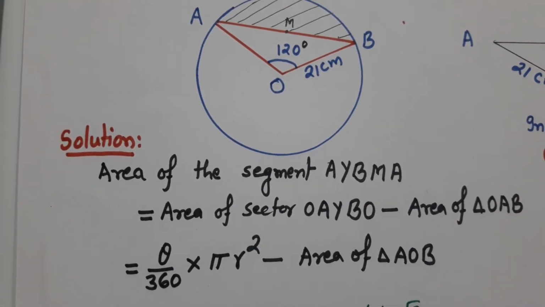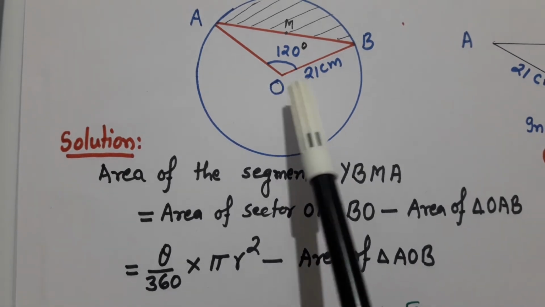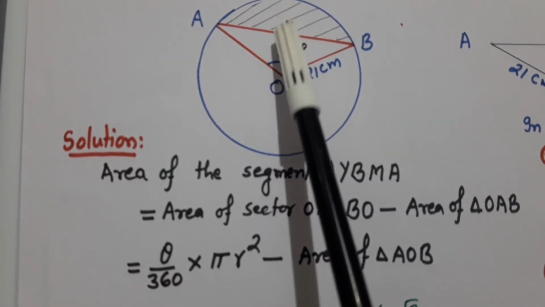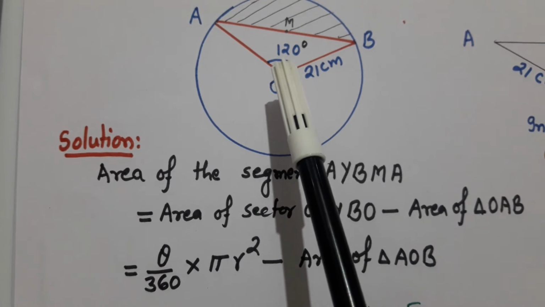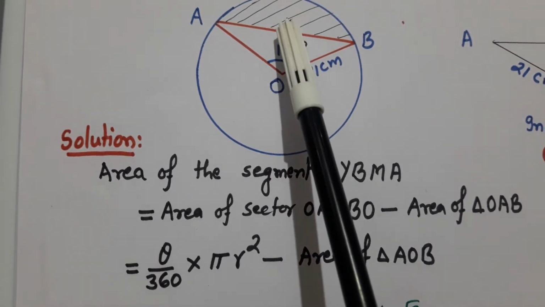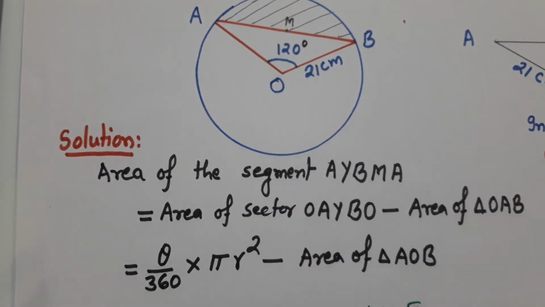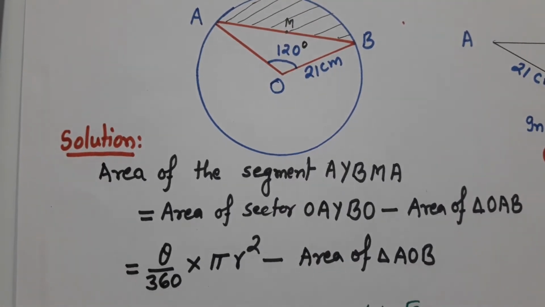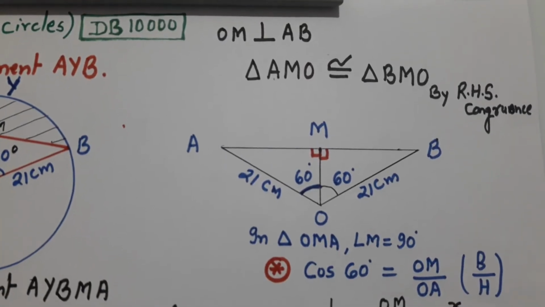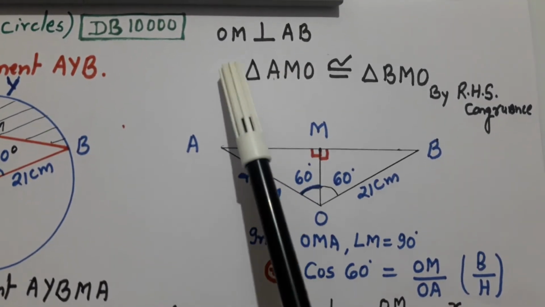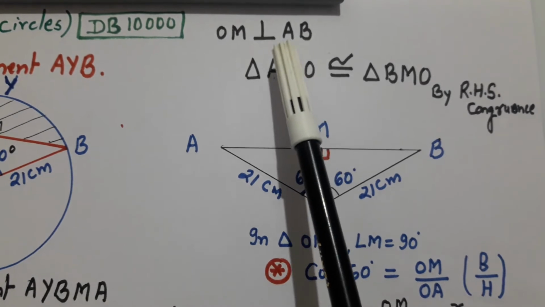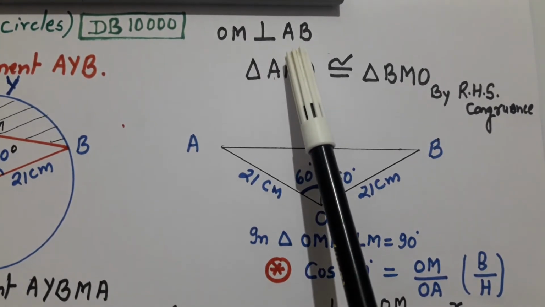For finding the area, we will draw a perpendicular from O to AB. OM will be the perpendicular, OM is perpendicular to AB.